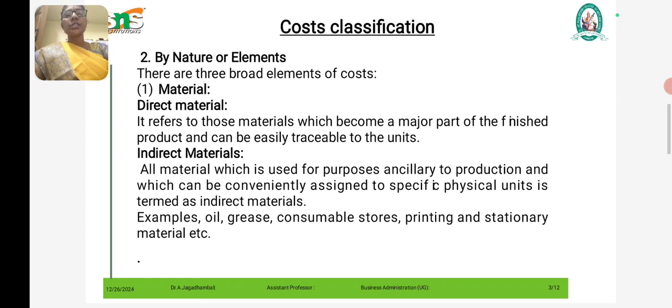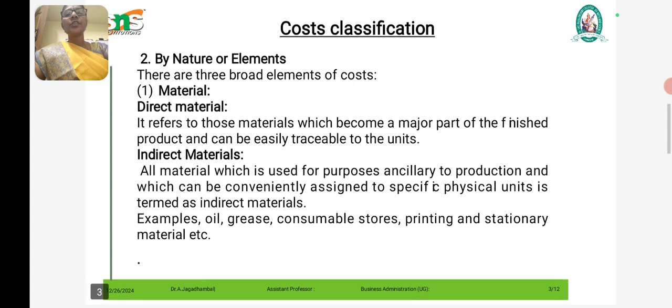Indirect material is used for purposes ancillary to production and cannot be conveniently assigned to specific physical units.